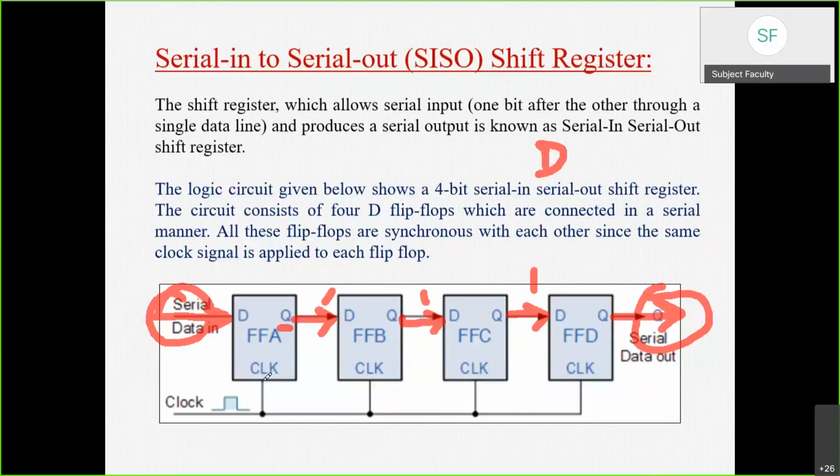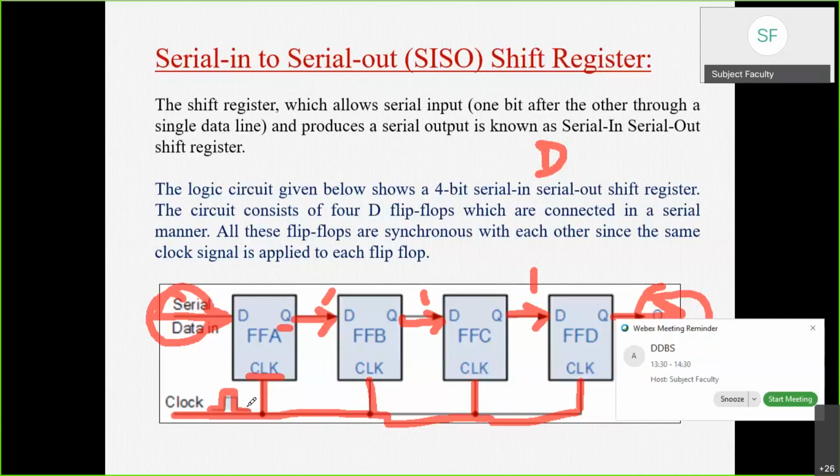Again, if you observe, this is the clock signal. The clock pins of all the flip-flops are connected together, and a single clock is applied simultaneously. So this connection indicates that our shift register is synchronous in nature.